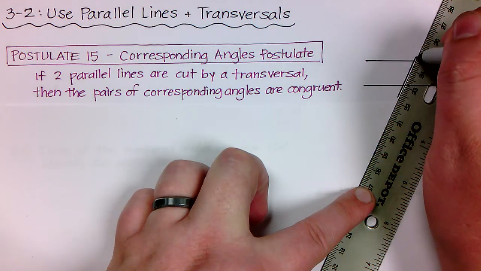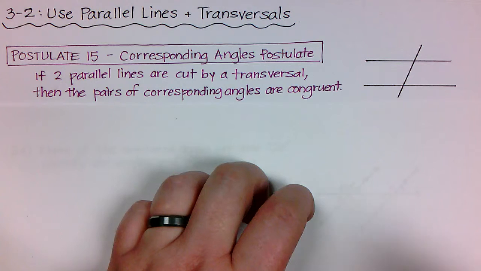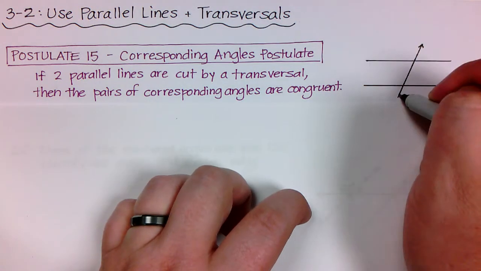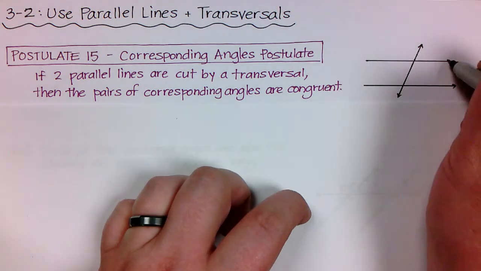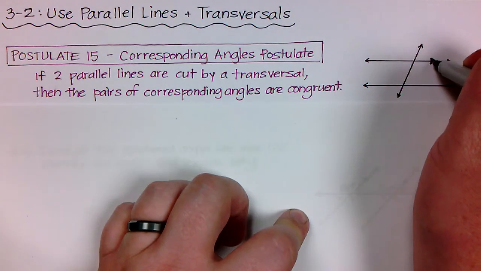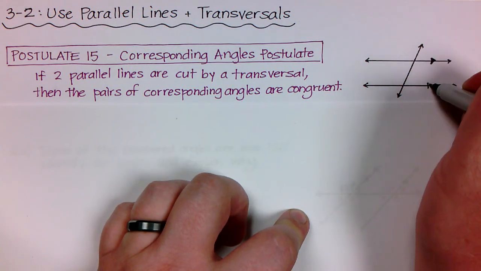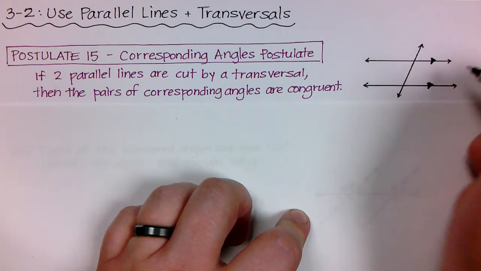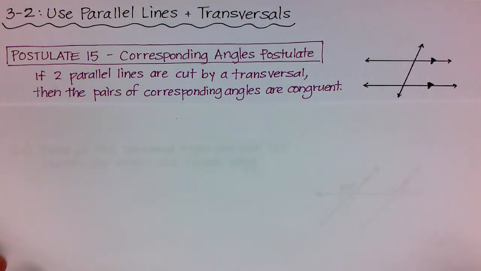Transversal means a line that is cutting both of those. And the way that we show that they're parallel, again, is by having that tiny little arrow on both of those lines that are parallel to one another.